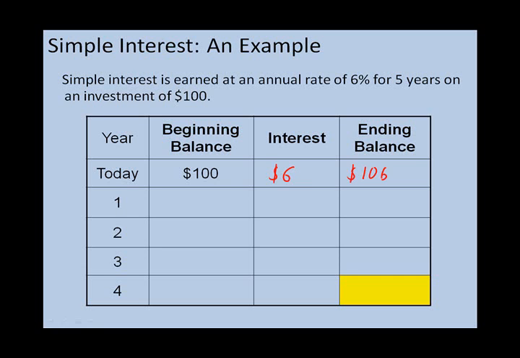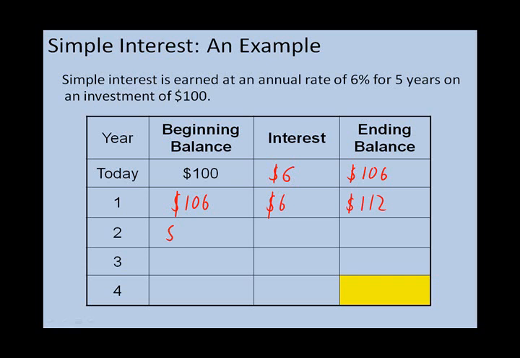Your beginning balance for year 2 is $106. But with simple interest, you don't earn interest on the $106, you earn interest on the $100 initial balance. So the interest payment is once again $6. So our ending balance is $112.